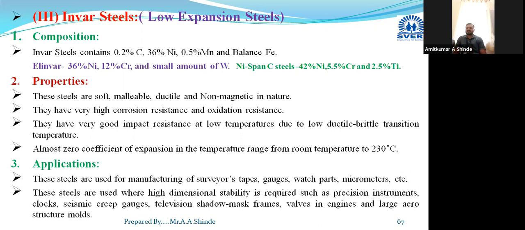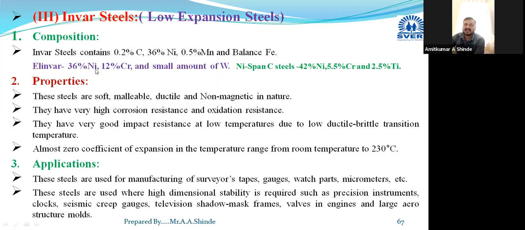Here I have added different examples: Ilinvar, then nickel span carbon steel. Just try to remember the first composition, this is important. For Invar steel: 0.2% carbon, 36% nickel, 0.5% manganese, and the remaining amount iron.